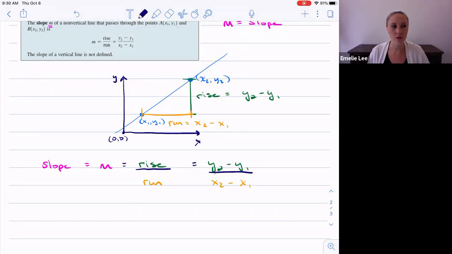Okay. So that's where the slope comes from, right?